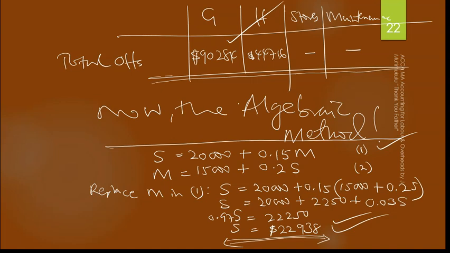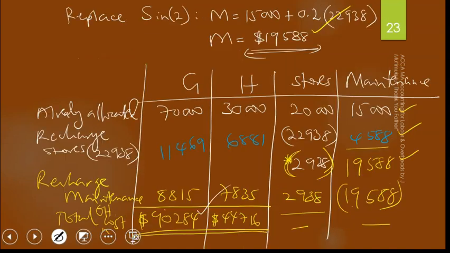Also, the repeated distribution method determined that department H had 44,716 production costs in total after the reapportionment, and these are similar to the figures obtained from the algebraic method.